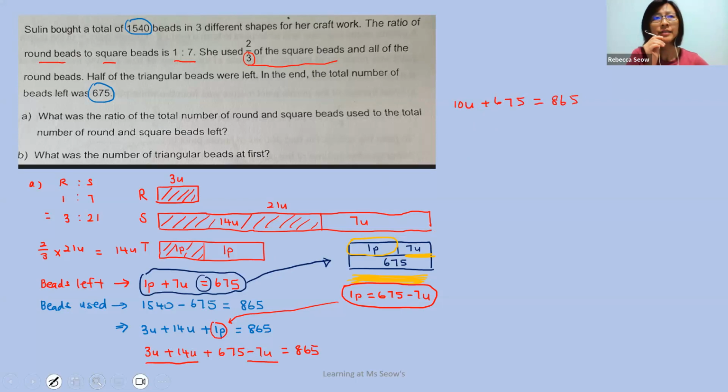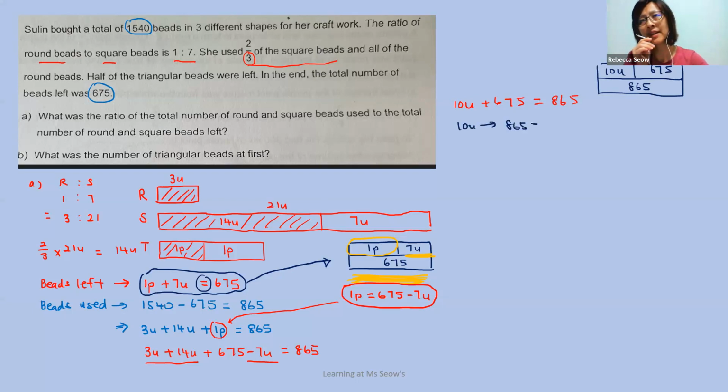Now how do we work out what 1 unit is? Again, if we were to draw out a model, how does this look? We have 2 bars. The top bar, I'm going to write as 10u and 675. The bottom bar makes up a total of 865, which means that 10 units is the difference between 865 and 675, and that gives 190.